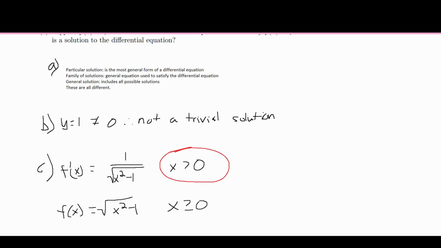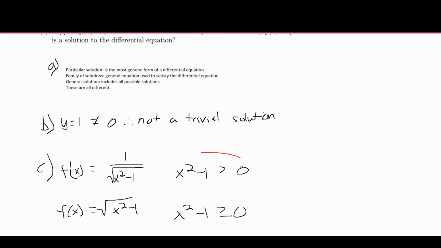So this can exist as long as everything inside of here does not equal 0. So x squared minus 1 must be greater than 0, and x squared minus 1 has to be greater than or equal to 0 here. Again, though, since this is stricter, we're going to be looking at this.